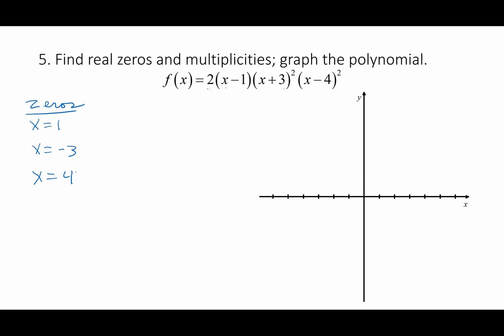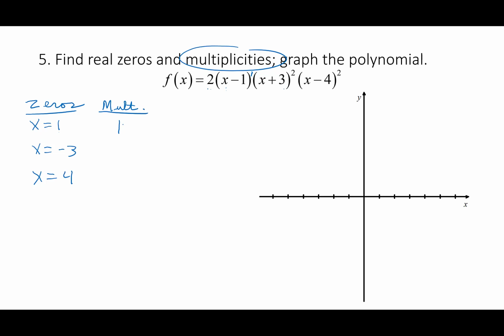We also want to look for the multiplicities of these zeros. Since x equals 1 comes from the factor x minus 1, which is raised to the first power, the multiplicity is 1.